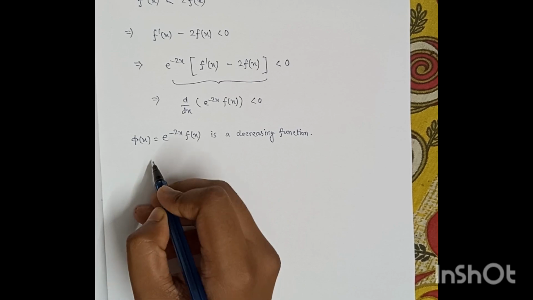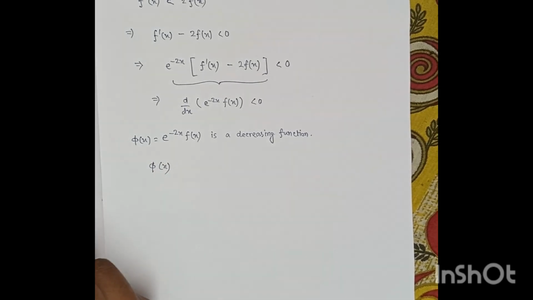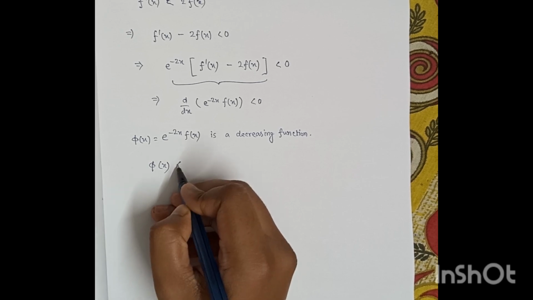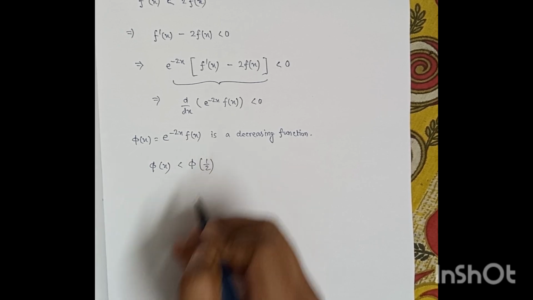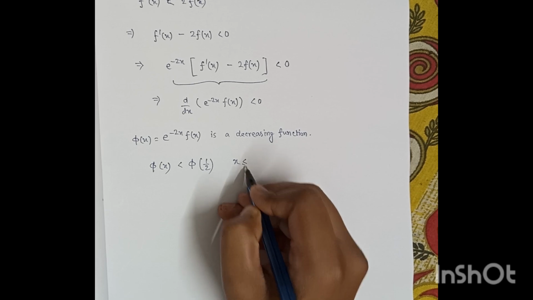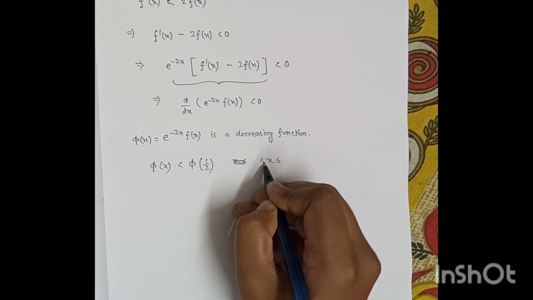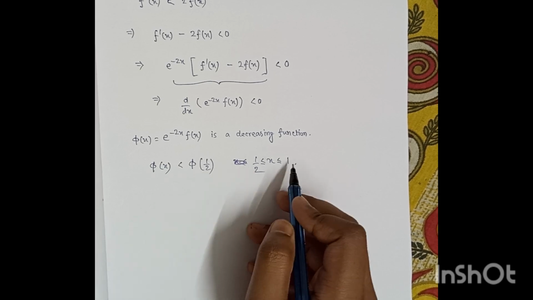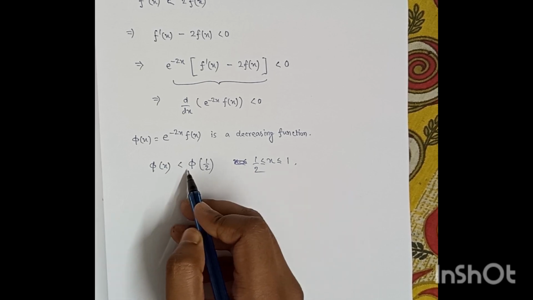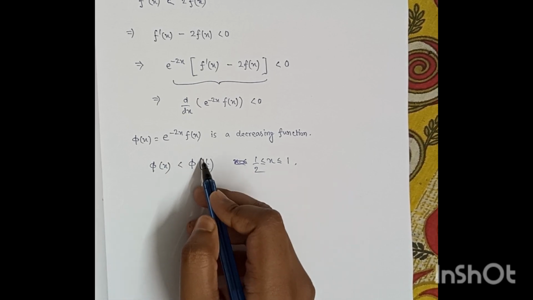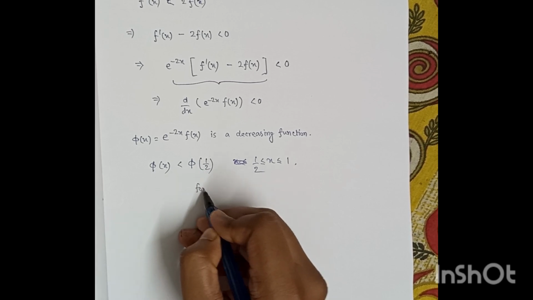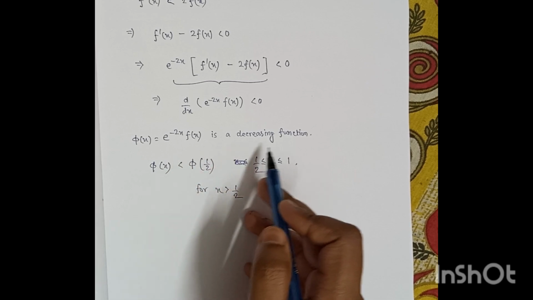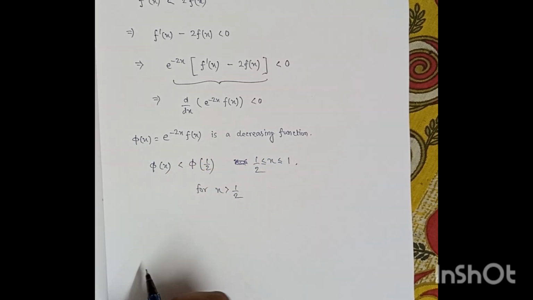Now this function is a decreasing function, so phi(x) will be less than phi(1/2), as x varies from 1/2 to 1. So we can say that in this interval phi(x) should be always less than phi(1/2) for x greater than 1/2, as phi(x) is a strictly decreasing function.